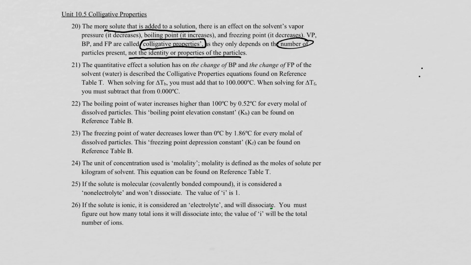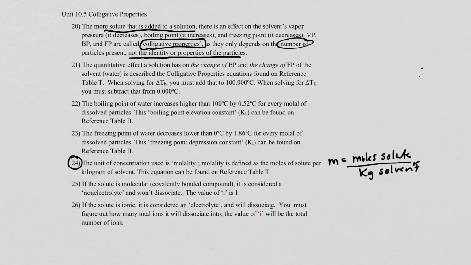We're actually going to begin by talking about what we talked about in 10.3, this unit of concentration, which is called molality. Molality, as you might recall, is the number of moles of solute divided by the kilograms of solvent. The big difference between this one and the other concentration units is that the denominator is all about the solvent.